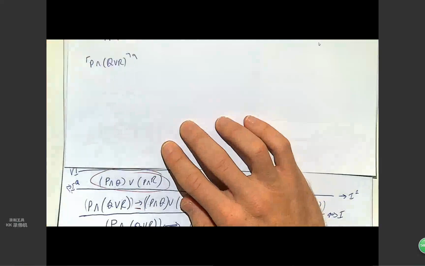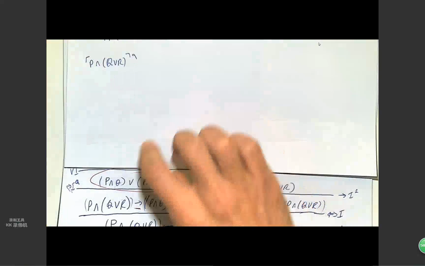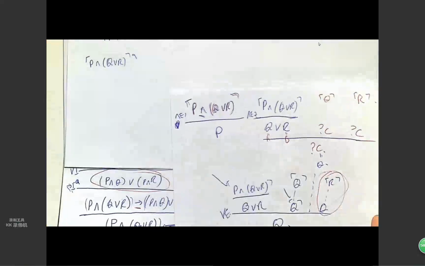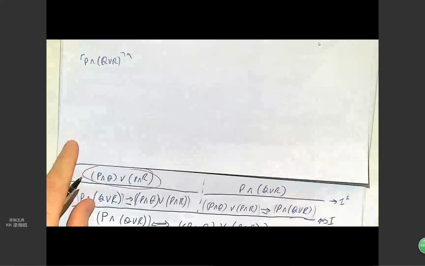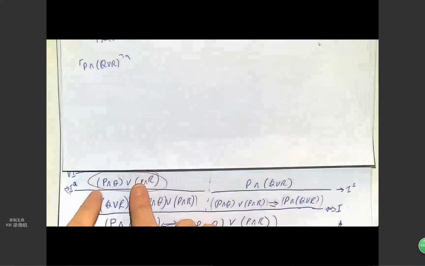I know from this exercise that I can get easily to P, and from here that I can get to Q or R, and I can choose a C, whatever that C is. And I know I shouldn't prune this too early.